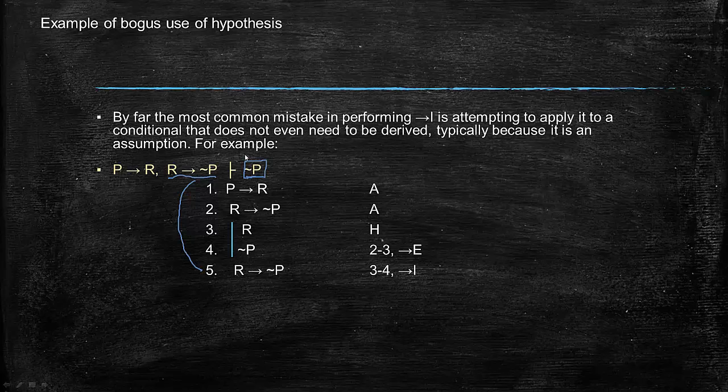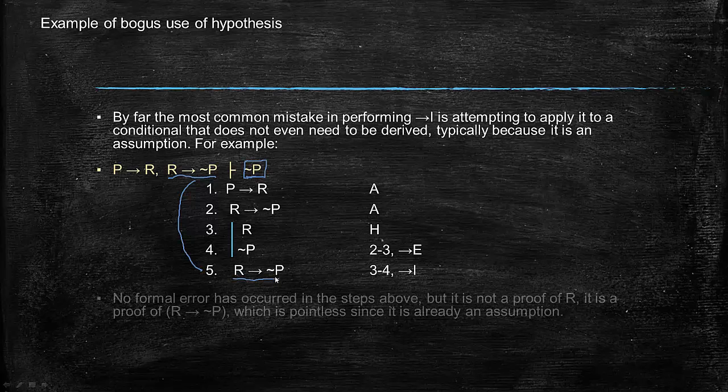So you would not be using conditional introduction in any straightforward way, at least, to derive not P. So always remember that if you're using conditional introduction, it's because what you are trying to demonstrate is a conditional. All right?